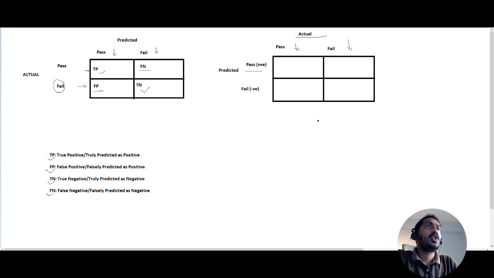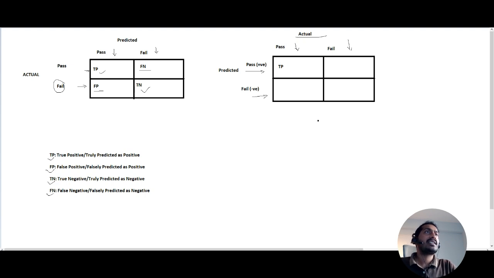This whole row is considered as a pass as per the prediction, and this whole row is considered as a fail as per the prediction. Now we will represent, because this coordinate says pass and pass for actual and prediction, we will write it as a true positive, or truly predicted as a positive.